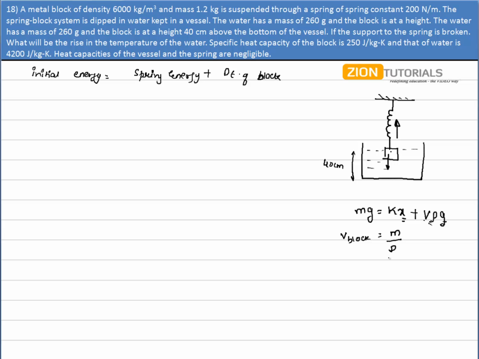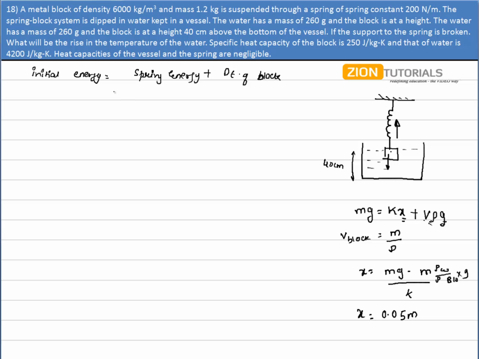Alright, substituting all the values over here, I get the value of x as mg minus m rho of water by rho of block into g divided by k. So elongation comes out to be 0.05 meter.